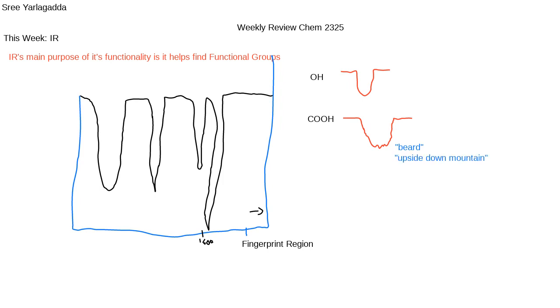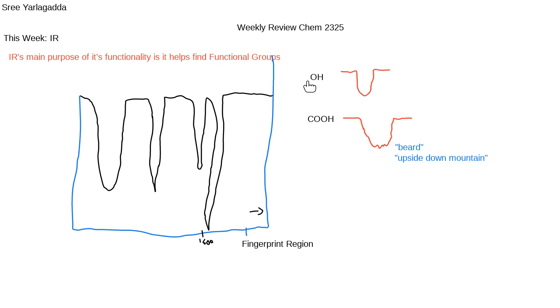OH is just smoother, and carboxylic acid is more bumpy and rough at the bottom. Both are very wide in width, whereas these other three are narrow in width.